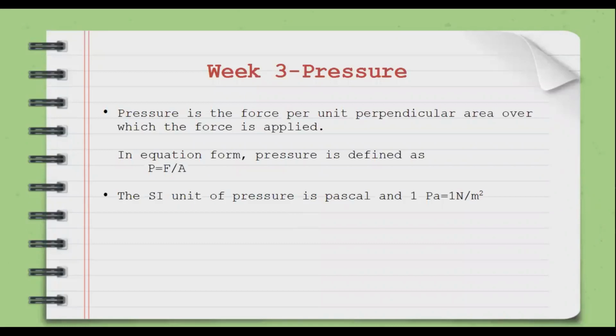In equation form, pressure is defined as P is equal to F over A, where F is the force and A is the area perpendicular to the force applied. The SI unit of pressure is the Pascal, and 1 Pascal is equal to 1 Newton per meter squared.